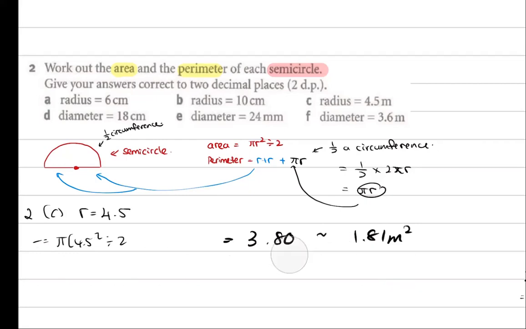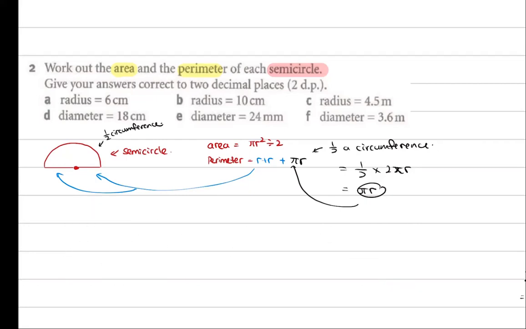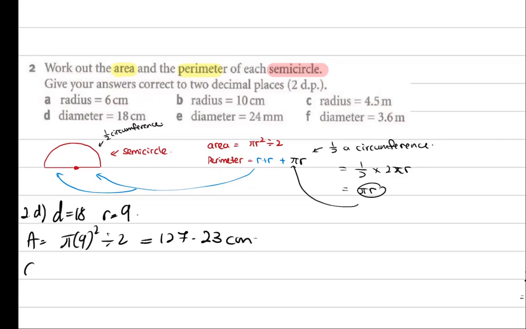ABC, done. So let's look at question D. Diameter is 18, radius is 9. Circumference, 9 plus 9 plus pi 9.